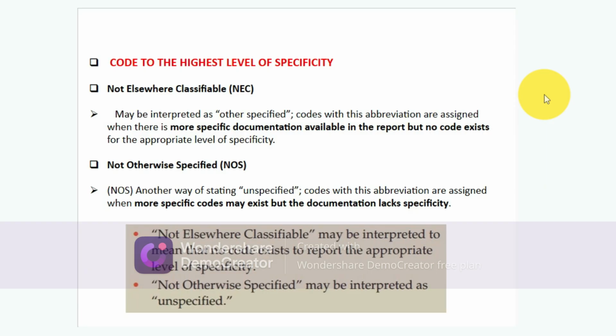Not elsewhere classifiable may be interpreted to mean that no code exists to report the appropriate level of specificity. Not otherwise specified may be interpreted as unspecified. I hope you understood this point.